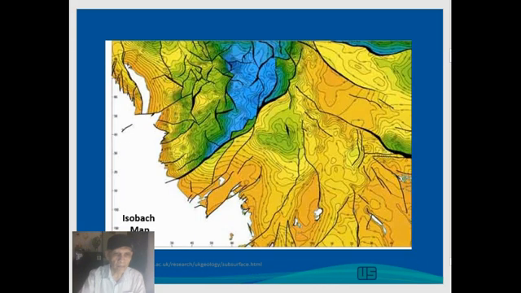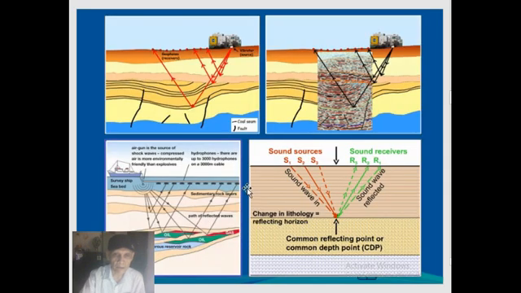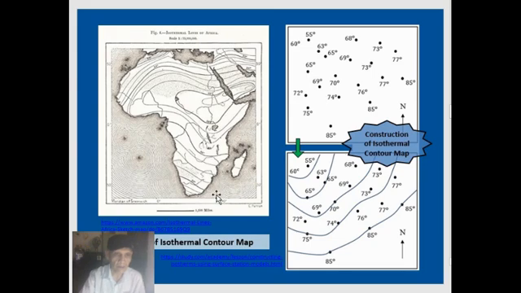This one is an isobath map, the depth of a reservoir rock. This one is also an isobath map, but the reservoir is deformed by a fault plane here, which causes the contour lines to shift. This is the origin of the depth data, for example.